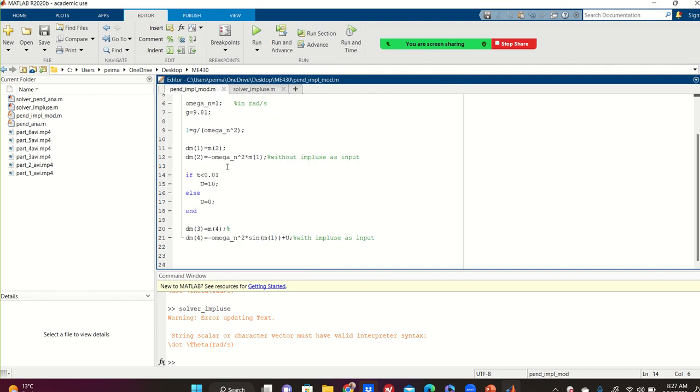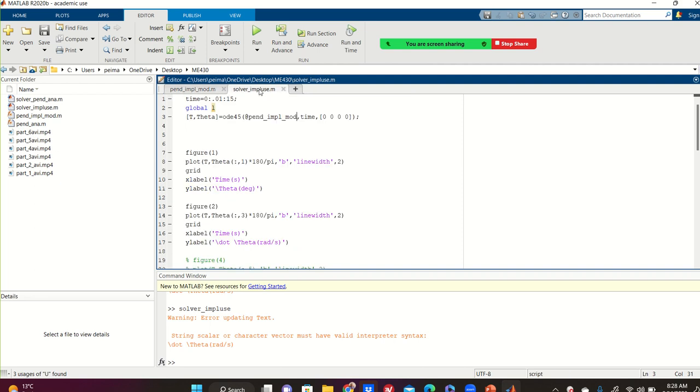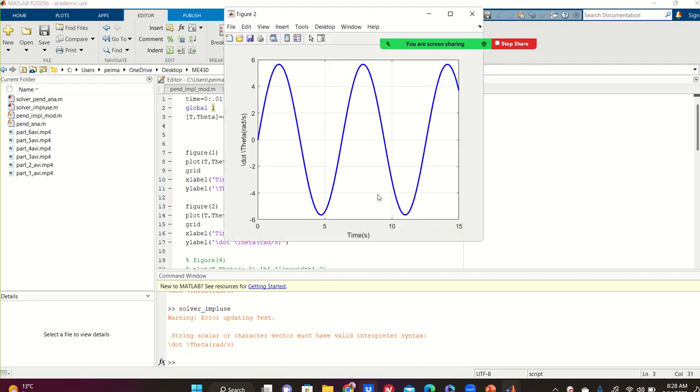I want to make sure that I was talking about the linear version, and I see that now, M3. This is from previous code. I have to check everything. Yeah, now this is good. Yes, now it works. Here we go, guys.